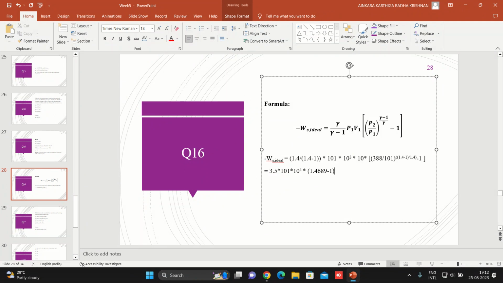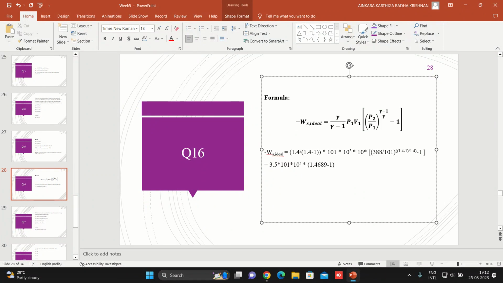Guys, you people also please do along with me so that it would be easier for you. Into 1, it is 1657689.75 newton per meter square.